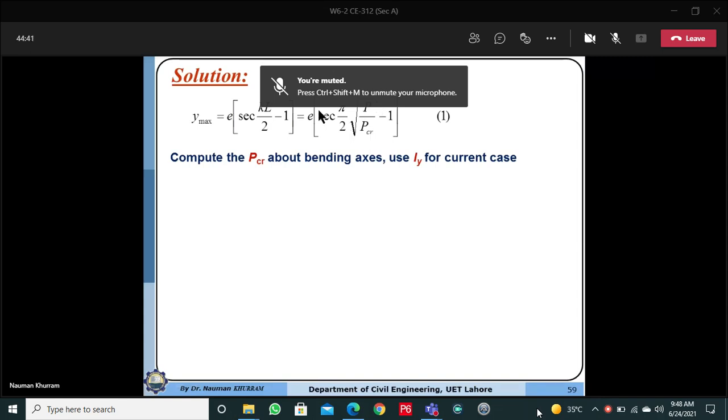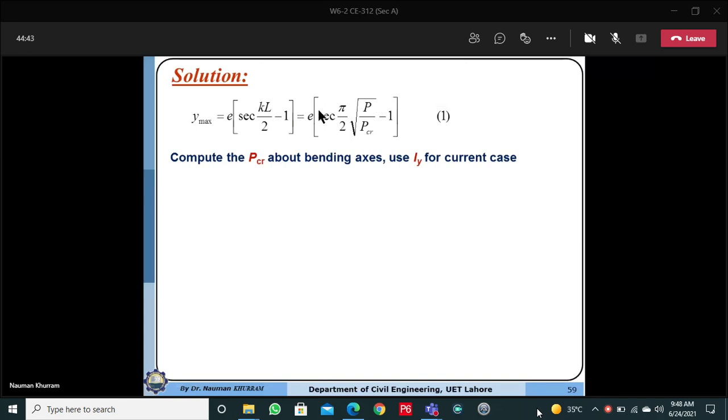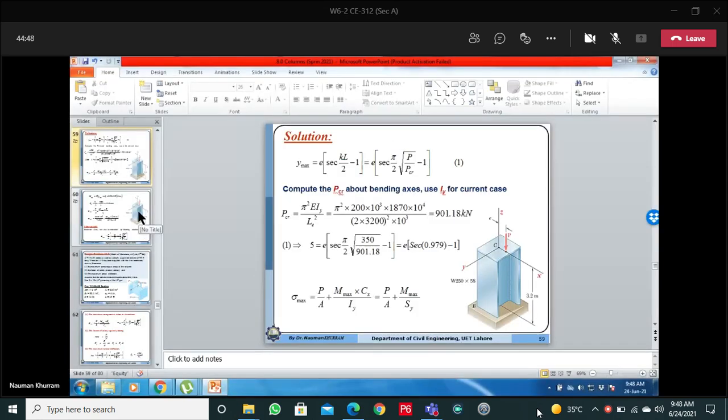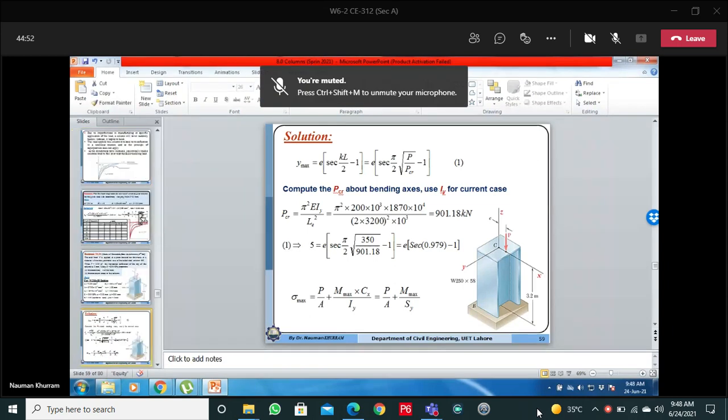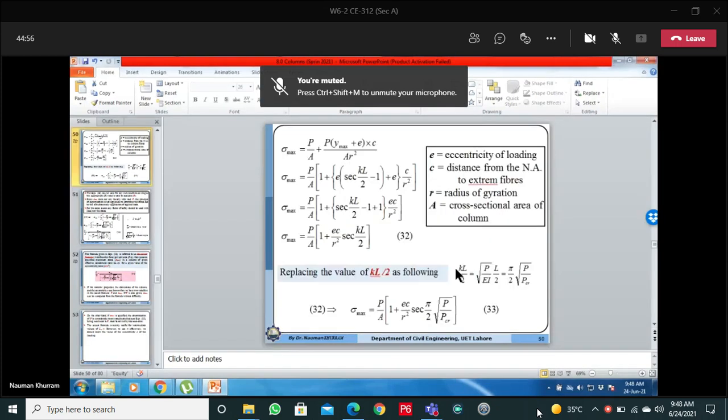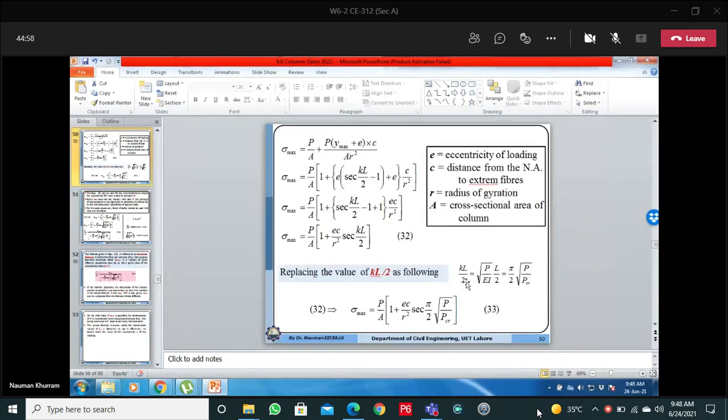You could use either expression, because we have already studied that KL by 2 can be replaced by the square root of P over EI times L by 2, or pi by 2 times the square root of P over P critical. We have done some simplification already.